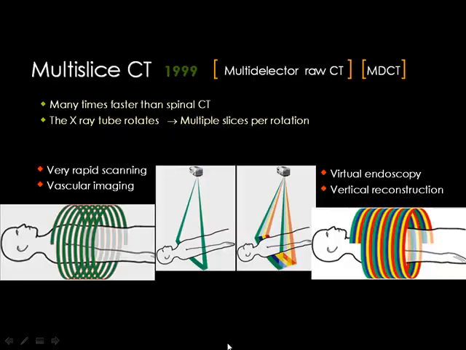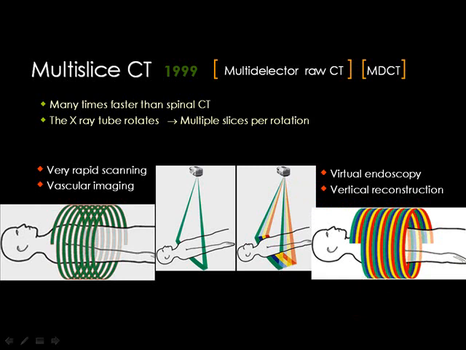And after that, we have this peculiar machine, which is known as the multi-slice or the multi-detector CT. In the spiral CT, you have an X-ray tube and a detector, and with every rotation, you get a section. Then what happens if we put in front of the X-ray tube more than one detector, let us say 4?